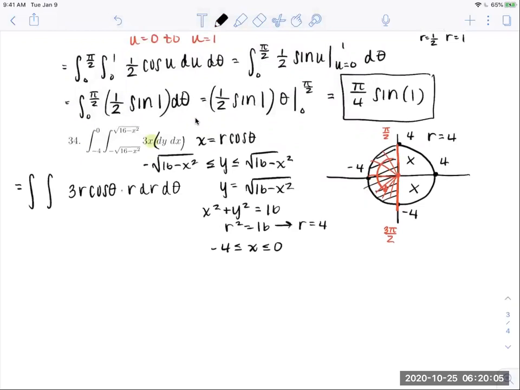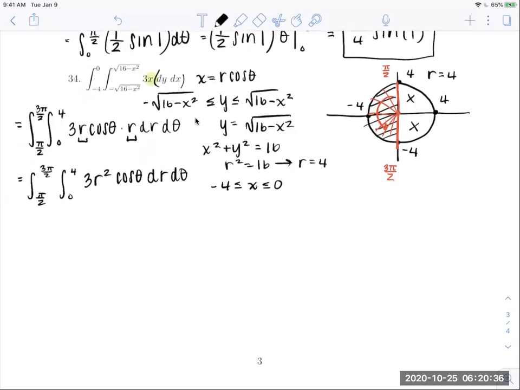My r limits of integration are from 0 to 4, and my theta limits of integration are from pi over 2 to 3 pi over 2. Now let me go ahead and combine these two r's to give me an r squared. Recopying my integrals and writing this as 3r squared cosine theta dr d theta.